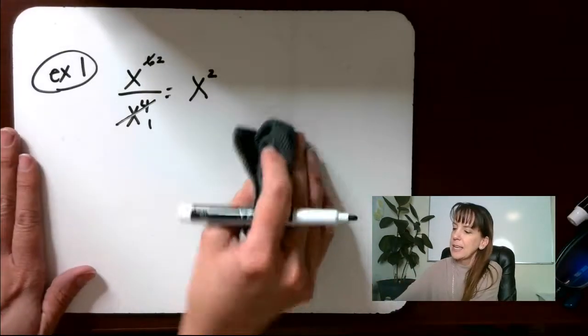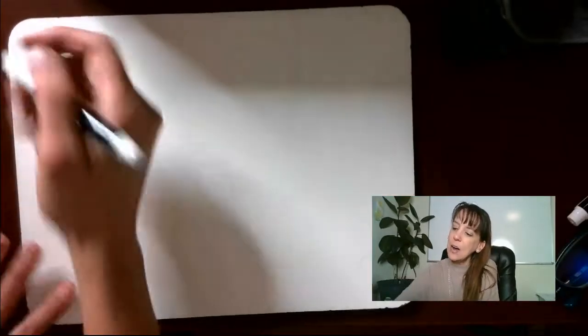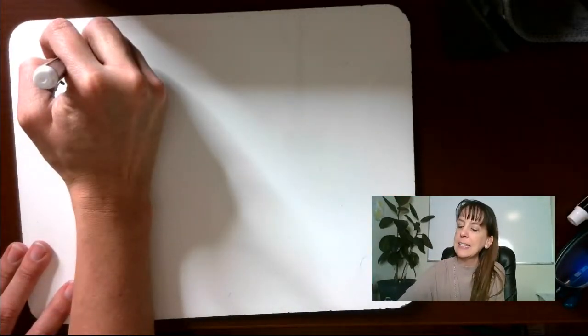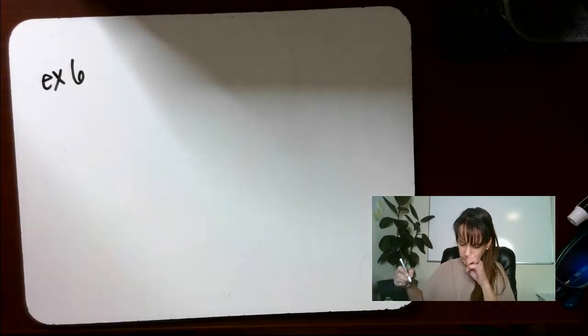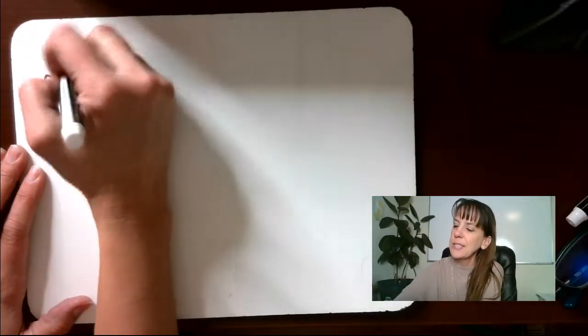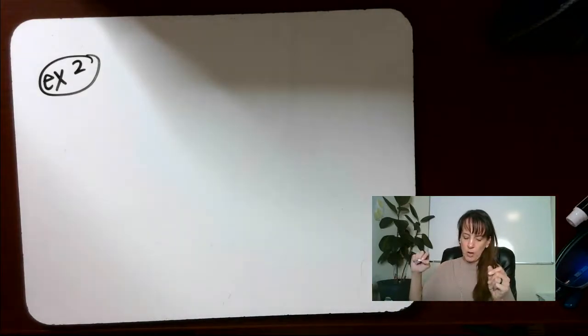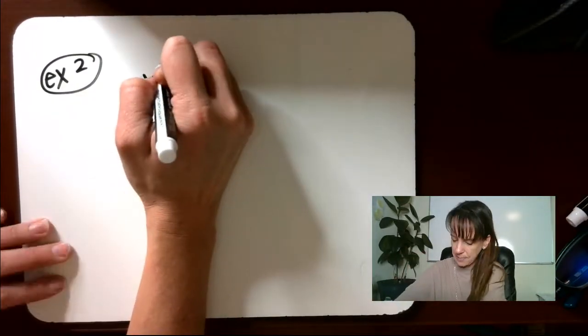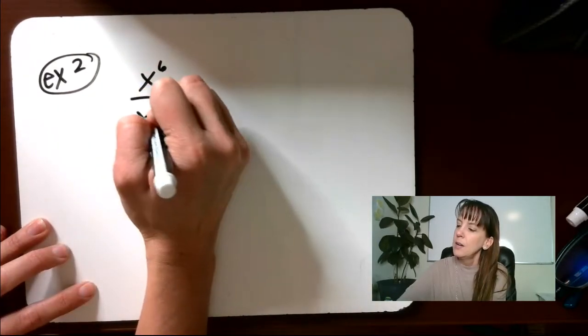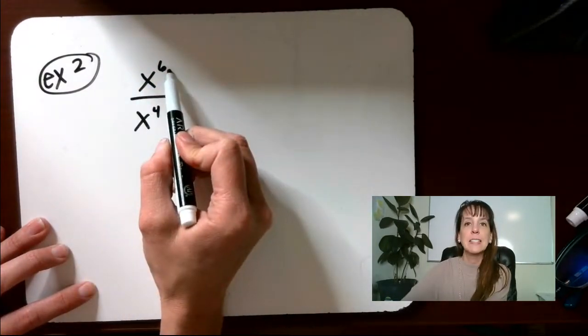Now example number 2 says, write the same one, but make sure the x's are in the denominator. So this is going to be a little tricky. It's the same idea, but what I'm doing is I'm moving this downstairs.